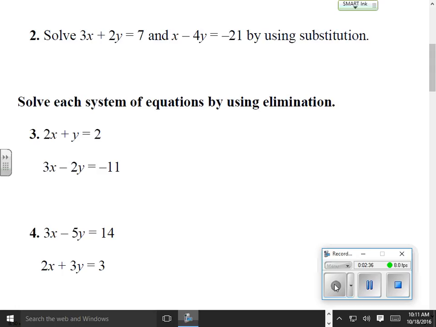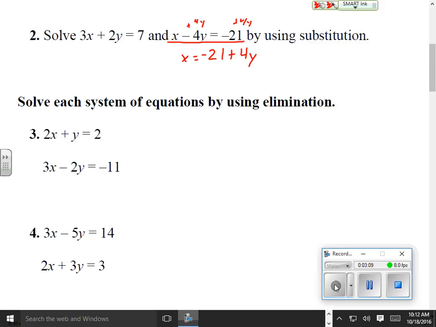Number 2, we're asked to solve this system of equations using substitution. So we want to take one of the two equations and isolate one of the variables. So this equation, the second equation, would be the easiest one to isolate x, because all I have to do is add 4y to both sides, and I get x equals negative 21 plus 4y, or 4y minus 21, either way.